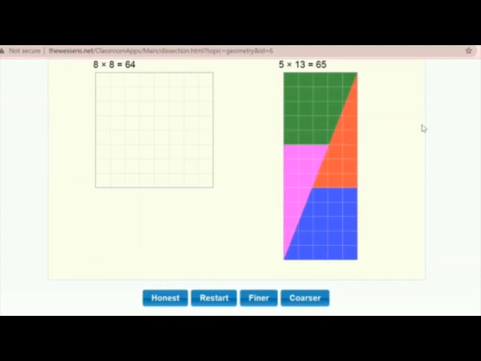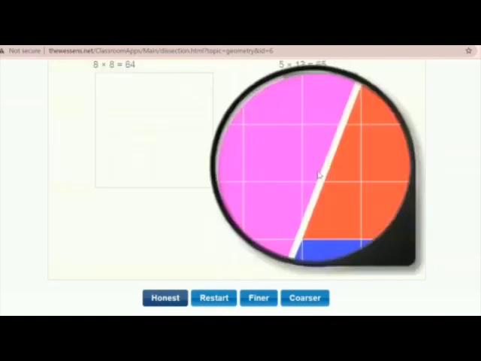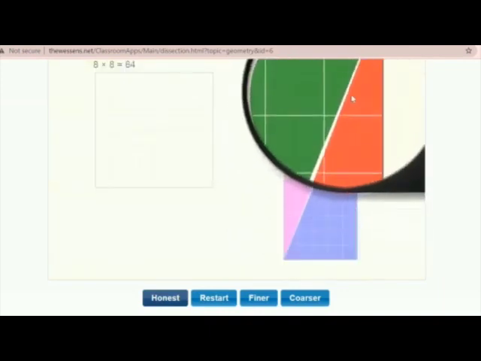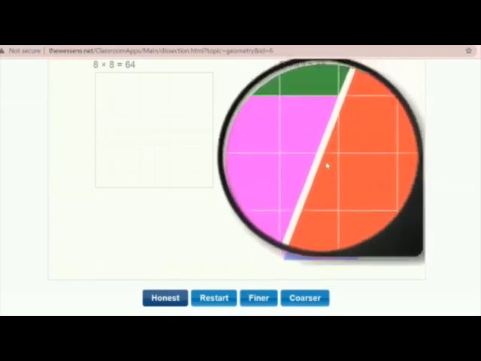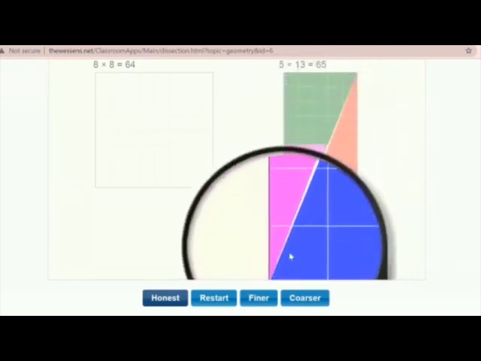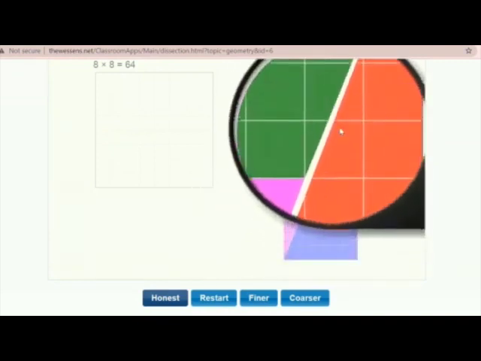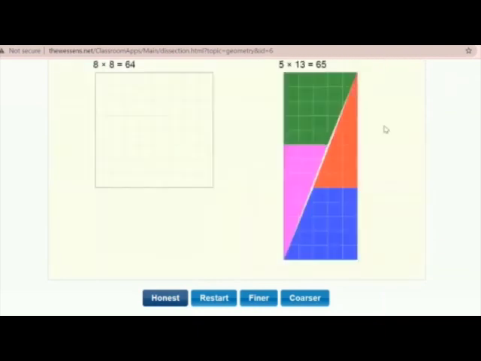But can maths go wrong? Actually, no. So we will now look at the honest diagram. And here we see that an area of 1 square unit is left. Now, why is this?